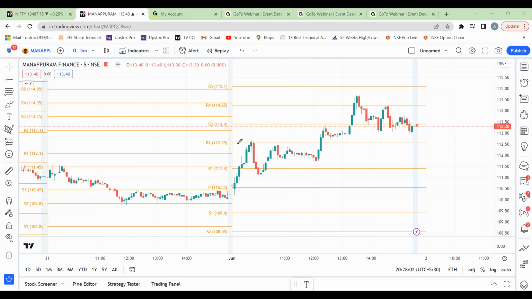How do these pivot levels help us? See, when stock trades above pivot and we take a buy trade and the stock keeps going up, we need to get some idea which could be our profit booking area, and any one of these pivots on resistance will be our profit booking.